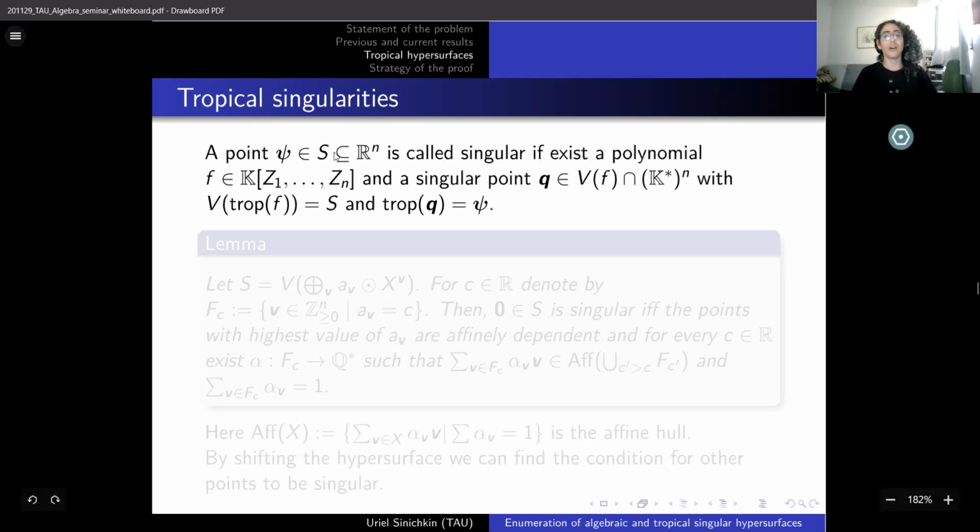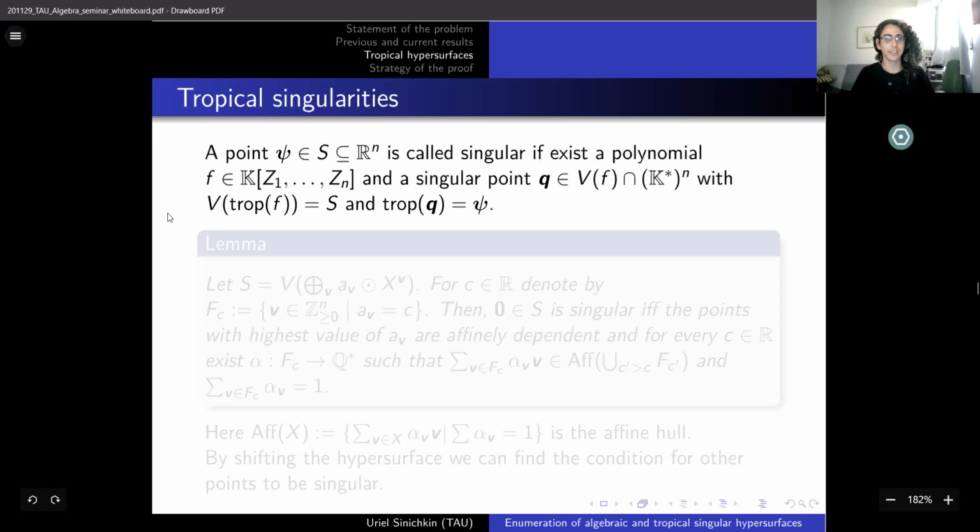Namely, a point on a tropical hypersurface is called singular if there exists some classical hypersurface and a singular point Q on it that tropicalizes to this point, and the classical hypersurface tropicalizes to the tropical hypersurface. Here I wrote them in the other direction, but it's not important.